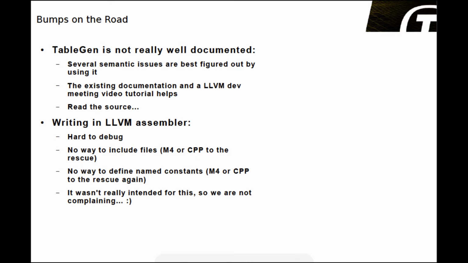It wasn't really meant for our use case, but it is useful in our case, and it is a bit hard to debug. There's no way to include files, which could be useful in our use case, but we just run things through M4 or the C preprocessor and that's solved. And also there's no way to define named constants. That's also solved by M4 and the C preprocessor.